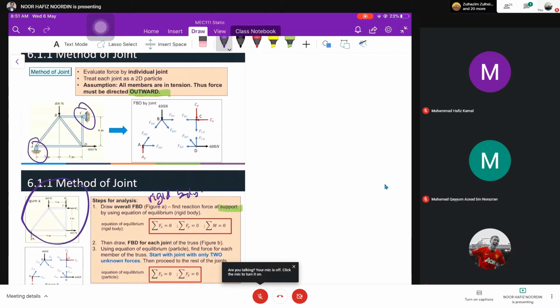And then the external force and the reaction force at the support, we remain the original direction. If, let's say, 400 Newton downward, it must be 400 Newton downward. If AY you got positive upward, you must remain AY upward. Only the members, you must make the force direction outward. Okay, understand? Understand?